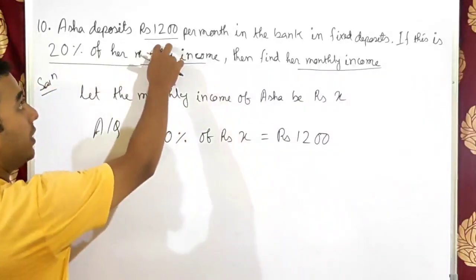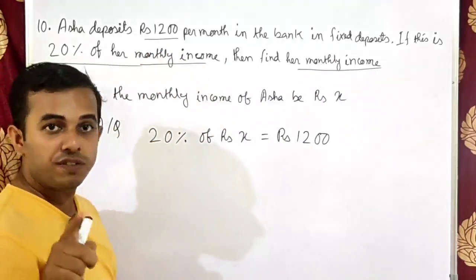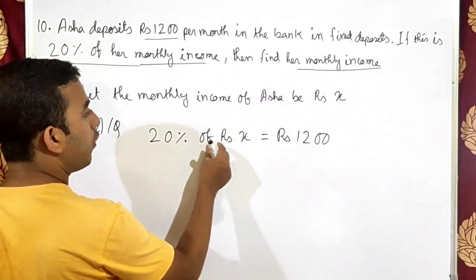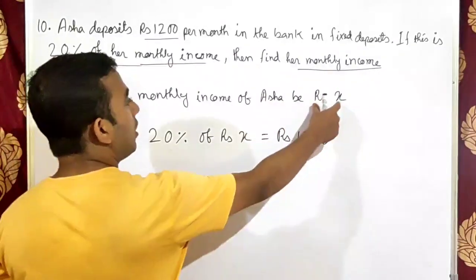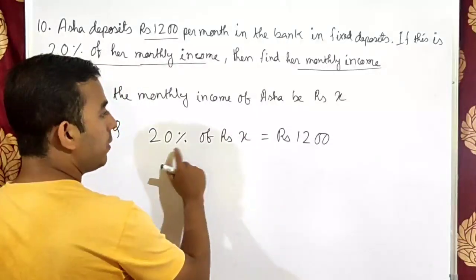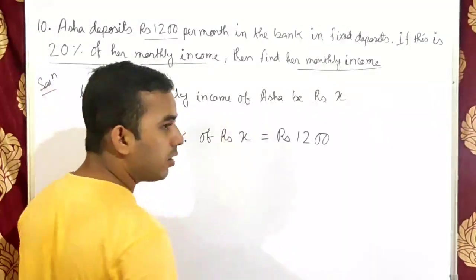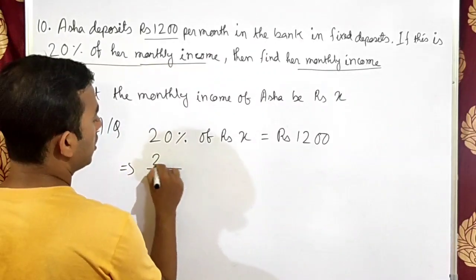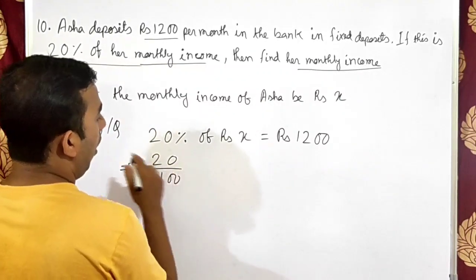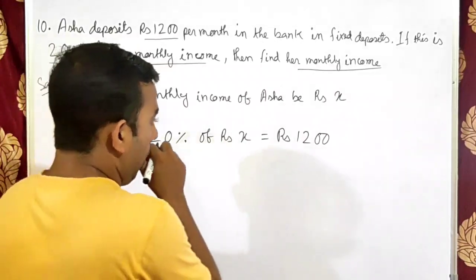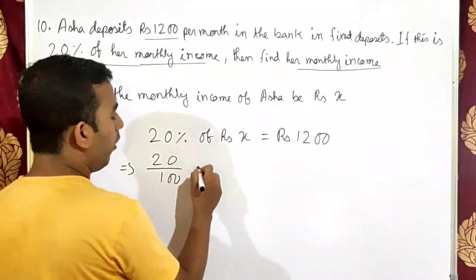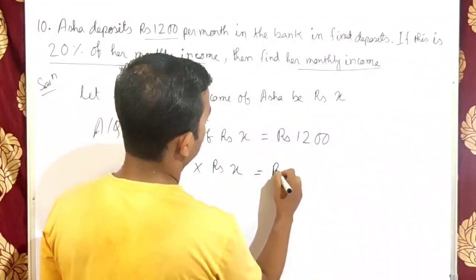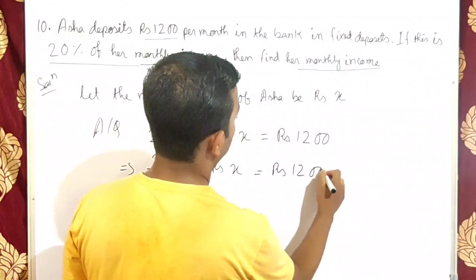This 1200 is 20% of her salary. 20% of her salary, which we have considered as x, equals 1200. Clear? So 20% means 20 by 100, and of means into, rupees x equals rupees 1200.